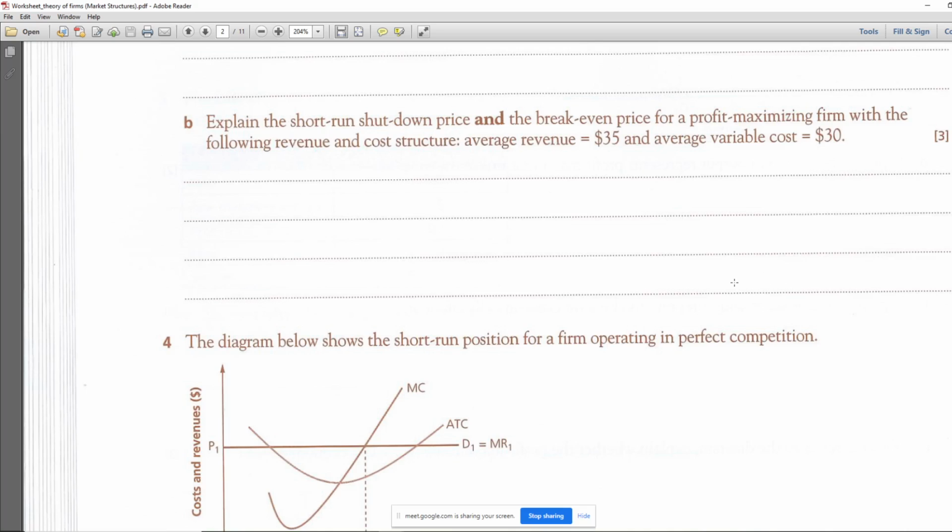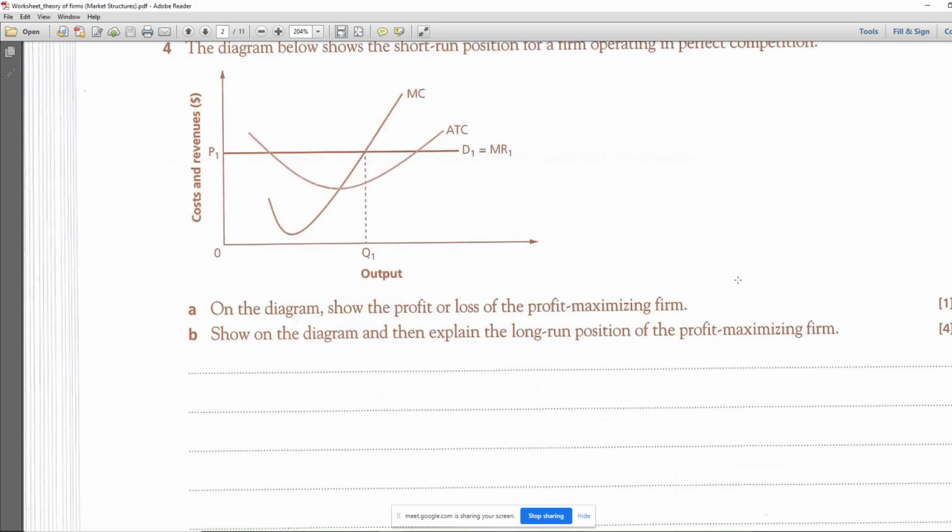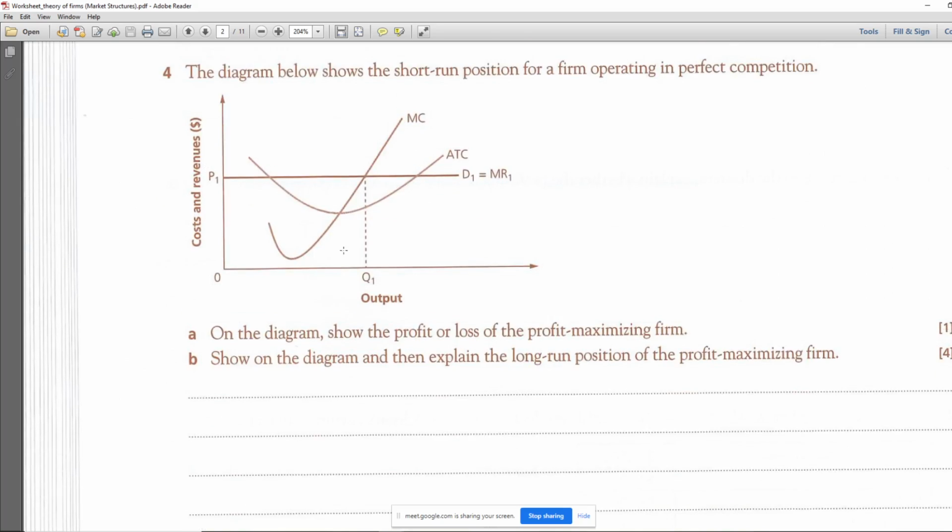Okay, so let's go to number 4. Look at this diagram, and on the diagram show the profit or loss of the profit maximizing firm. So here, can we see a profit? Yes.